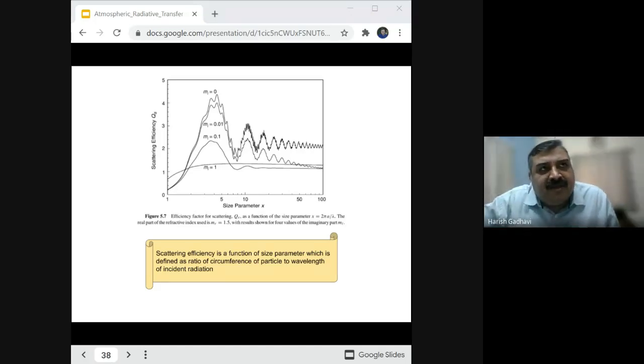Yeah, so there is no fixed rule that a cloud droplet should be smaller than the raindrop. But in most circumstances, that is true. Particularly a cloud which is not raining definitely has a smaller droplet size than raindrop sizes.